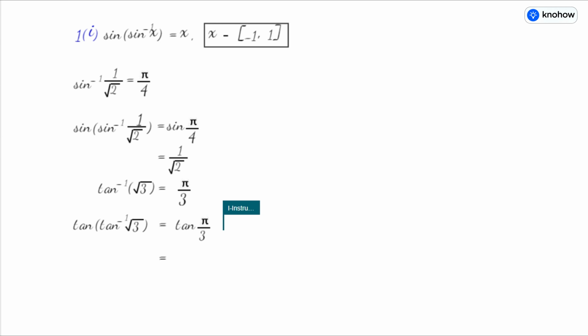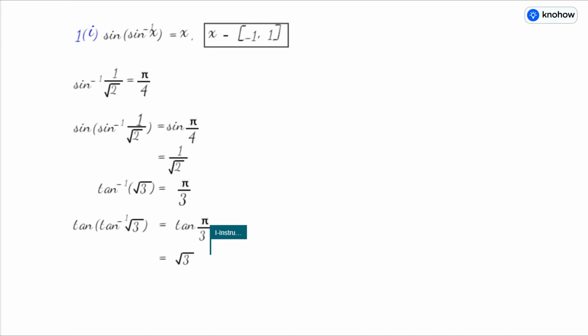It is root 3. So what do you observe? That tan of tan inverse root 3 gives you back root 3. And so is the property: sine of sine inverse, cos of cos inverse, tan of tan inverse x is x. So that's about property 1. We have not proved it very formally, but justified it with the help of some good examples.